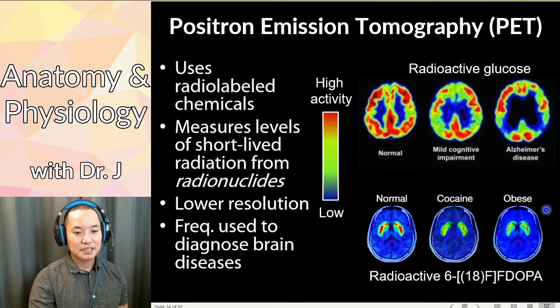So this obese person's brain. Now this isn't cocaine, but who does it look like? This obese person's PET scan. Does it look more like a normal brain, or does it look more like a person who's addicted to cocaine? Yeah, so if you look at it, do you see as much red as the normal or the cocaine addicts?